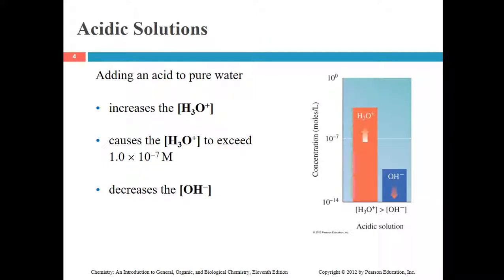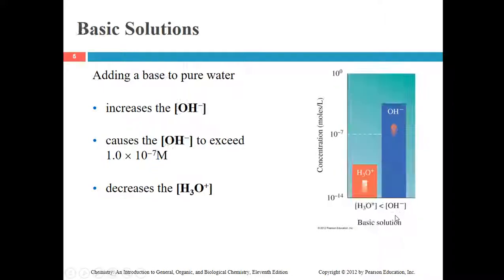However, when we add acid to pure water, the acid, because it donates a hydrogen, is going to increase the amount of the hydronium ion. It causes the amount of the hydronium ion to get bigger, so something like 10 to the negative 6 or negative 5 or negative 4 or negative 3. And in so doing, we're going to decrease the OH concentration. So in an acidic solution, our hydronium ion concentration is greater than our hydroxide ion concentration.